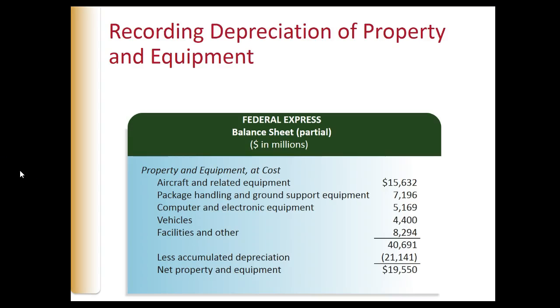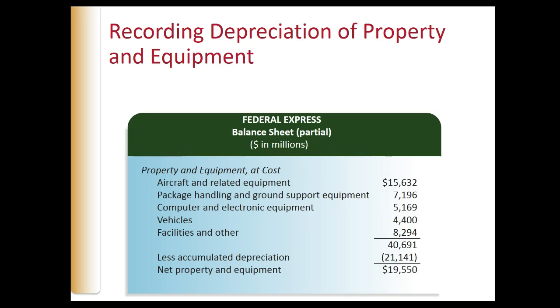So this slide here shows how Federal Express records its property and equipment at its original cost, and then it subtracts the accumulated depreciation. Again, remember, accumulated depreciation is the amount of depreciation taken against these assets over their life.